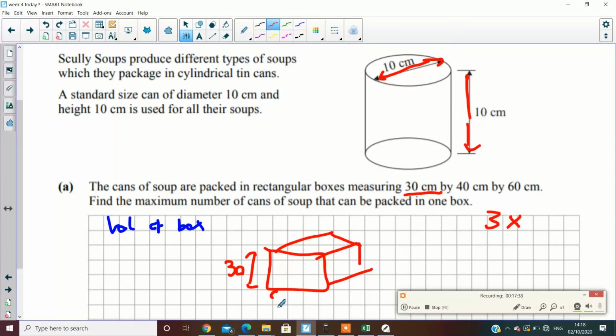If you have 40 centimeters wide, how many 10s can you fit into 40? 4. 3 multiplied by 4. And finally, if you're 60 centimeters long, how many cylinders can you fit in there? 6. 3 by 4 by 6 gets you 72 cans, or my standard Saturday night.